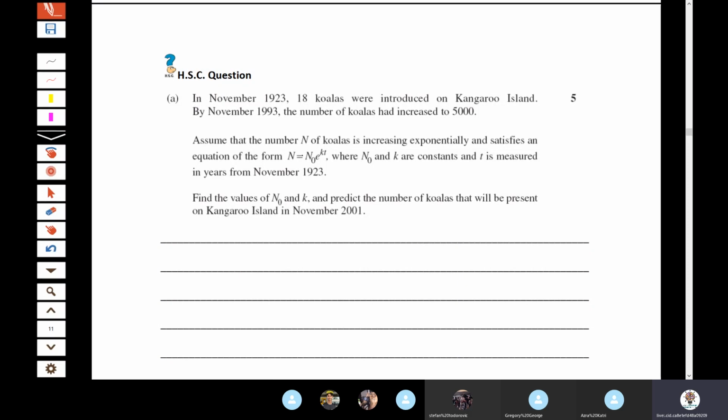Once you've got that, you'll have your equation, and then you can work out the number of koalas that will be present in November 2021. But have a read anyways. Actually, you're going to do it with me, so have a good read of it, and then we'll get started together.